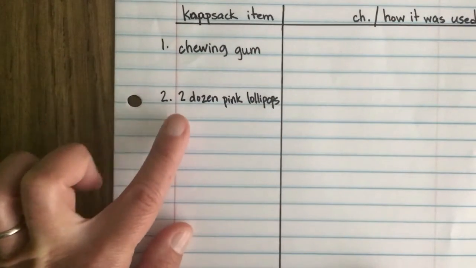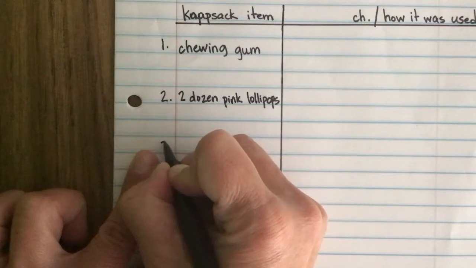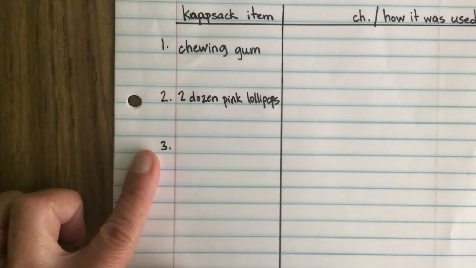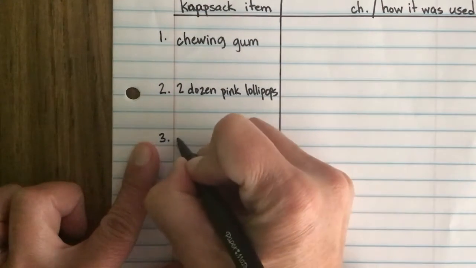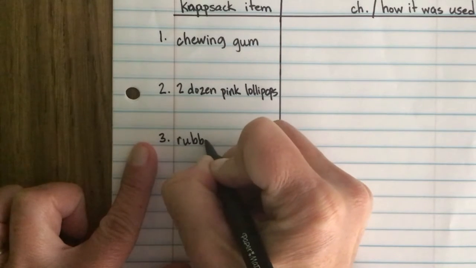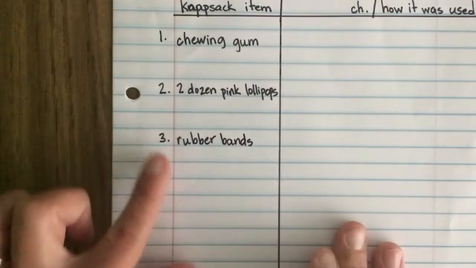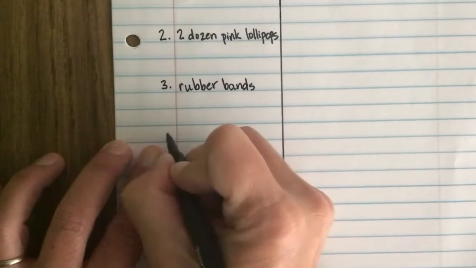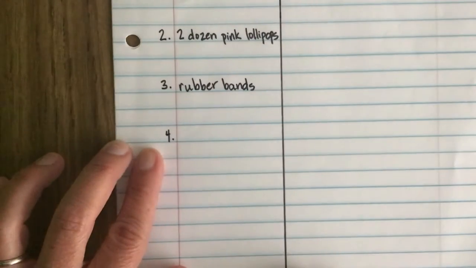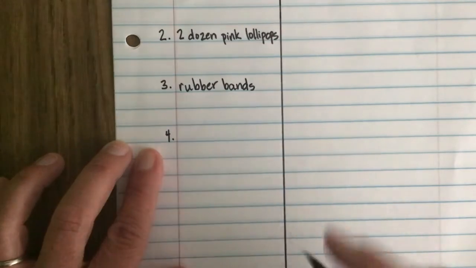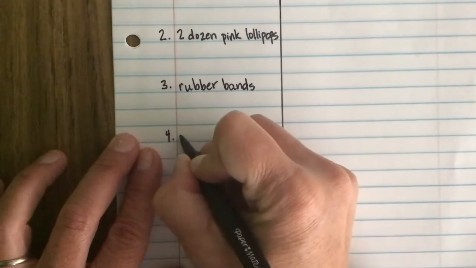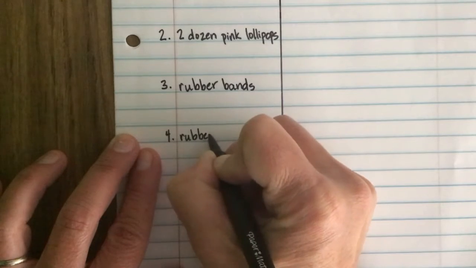And then same thing, skip 2 spaces, and let's write the next item, rubber bands. And the next item, skip 2 spaces, and let's write rubber boots. He's used those a lot, hasn't he?